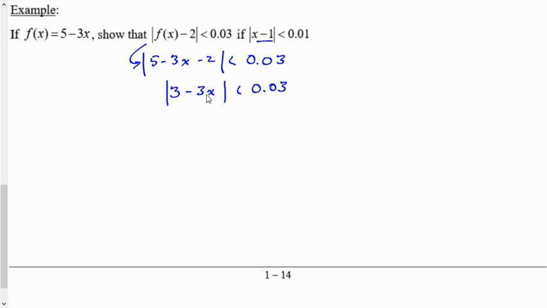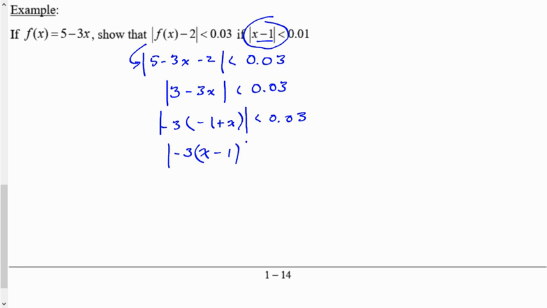Because if I factor out a -3, then I'll have a -1 plus x inside my absolute value sign. Why is that better? Because -1 plus x is the same as x minus 1, which is what I'm trying to get to up in this statement up here. This is multiplied to -3 inside the absolute value sign, which is less than 0.03.